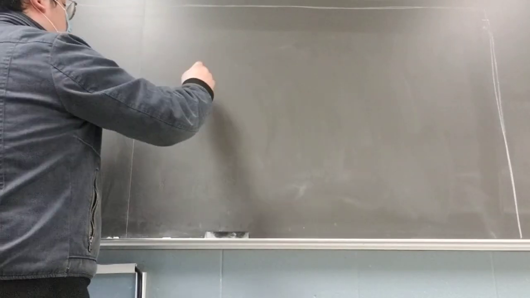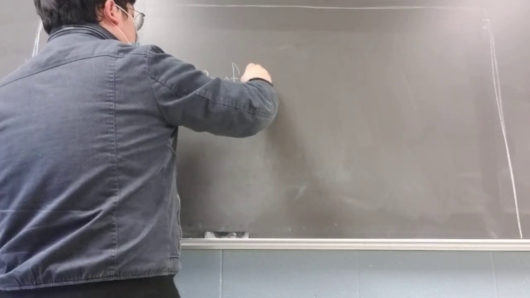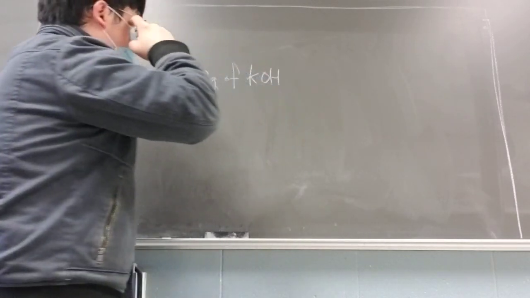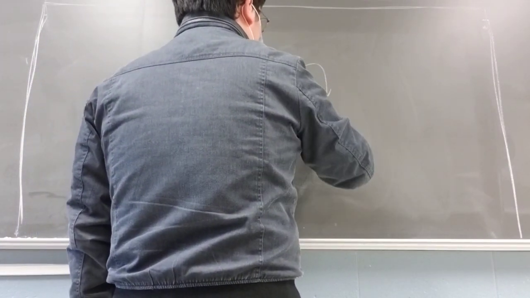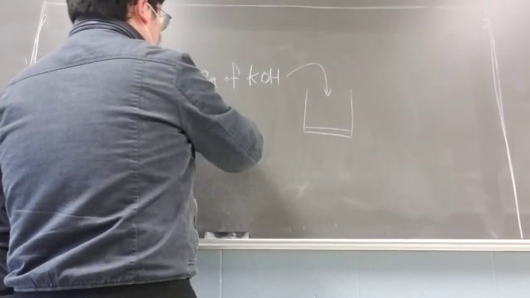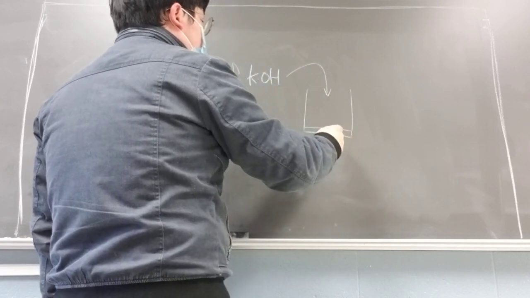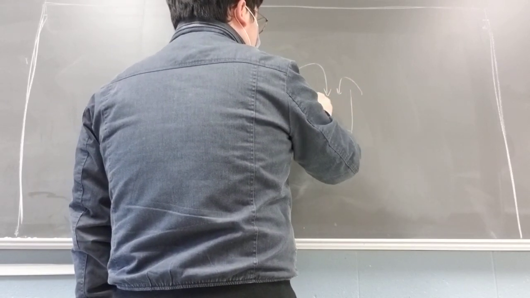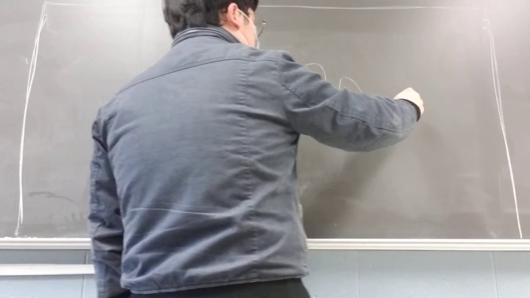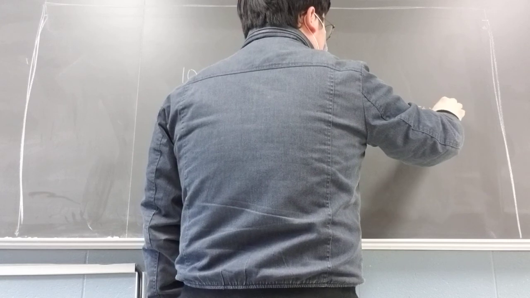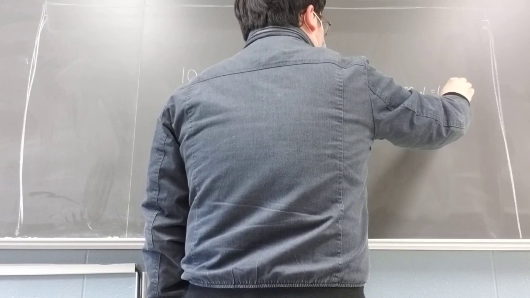So if you have about 10 grams of potassium hydroxide, and you put this in some container, and then you fill this up to maybe 0.5 liter, you can say that's the same as 500 milliliters, because 1,000 milliliters is equal to 1 liter.